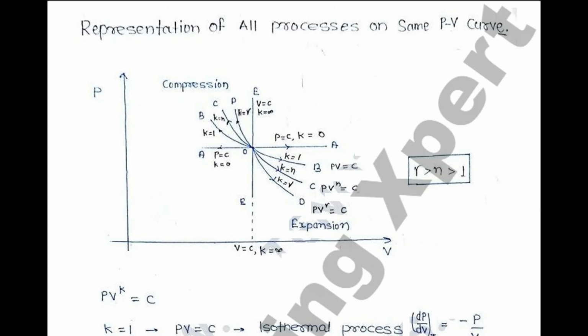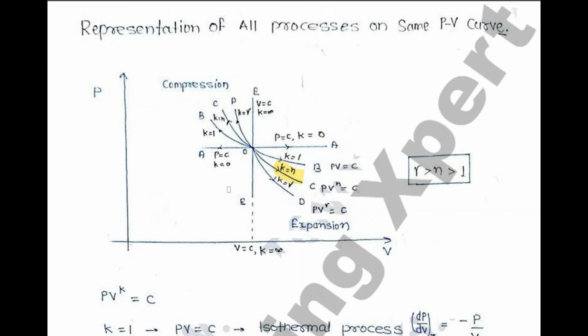Here you can also have some analysis and comparison between them. You can see that PV to the power gamma equals constant is for adiabatic, and PV equals constant for isothermal. So definitely n is between 1 and gamma, and it will be between these two curves.